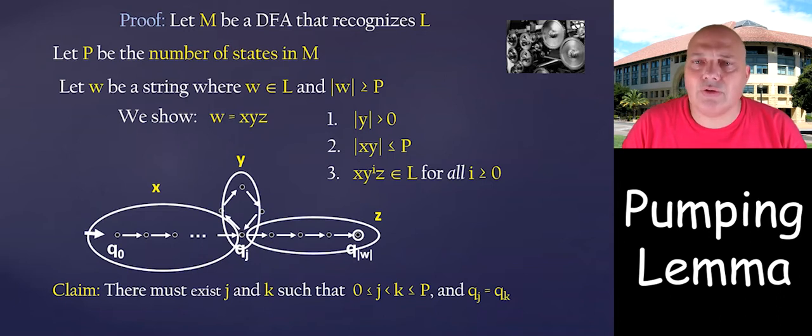So this state knows exactly where you've been. But once you read more and more symbols, at some point, you're going to get into these loops, which means that you have forgotten.